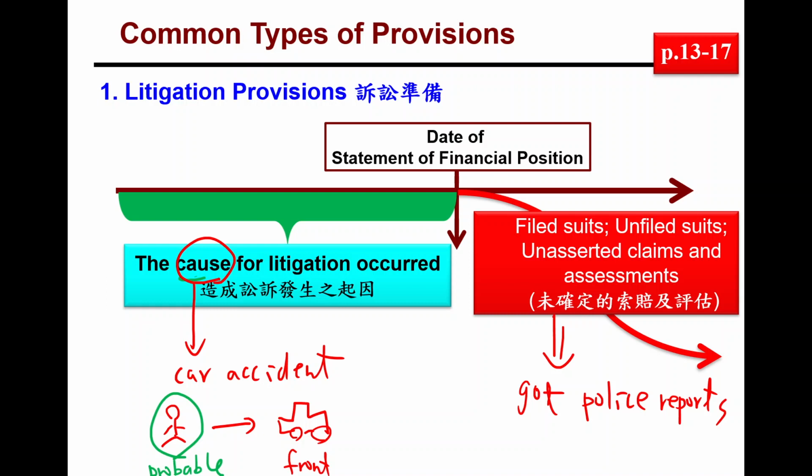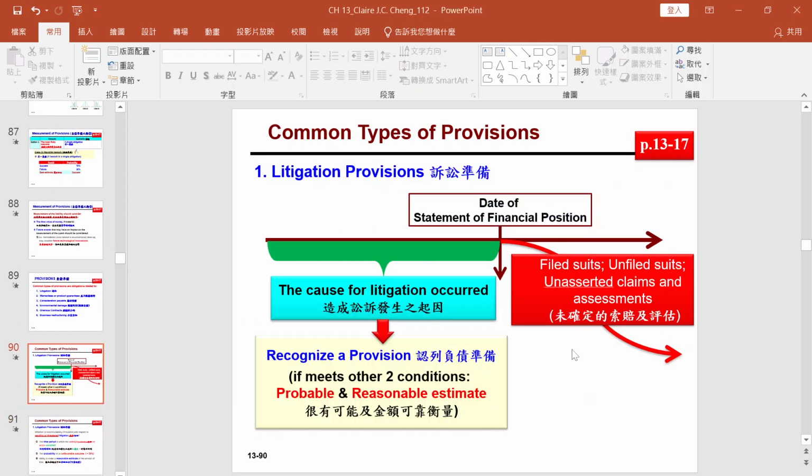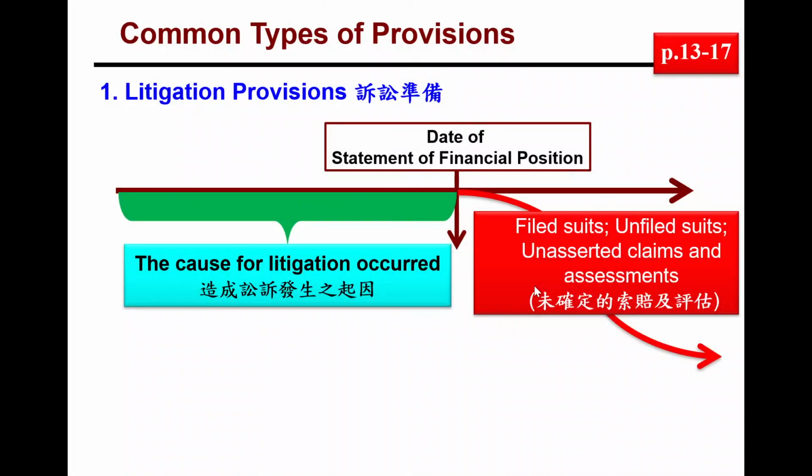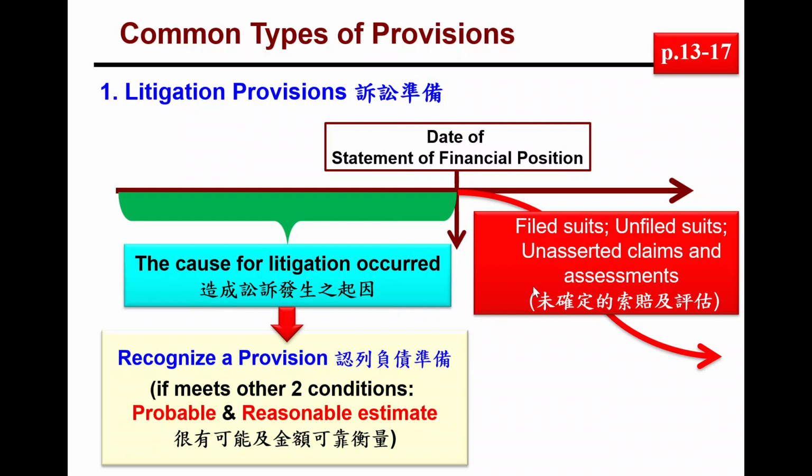Even though you got the police report later on. So that's why when a car accident happened, you should record the provision. When you think it's probable you have more liability responsibility, then you should report it now.